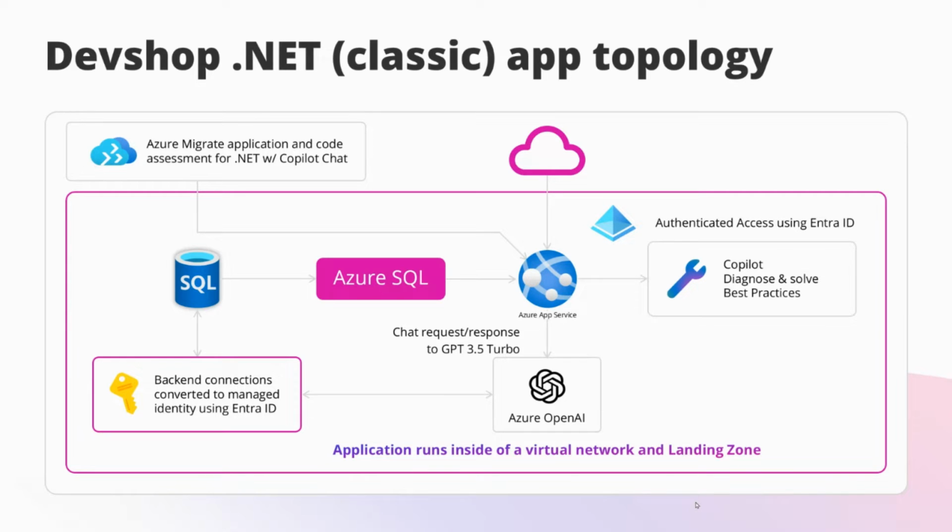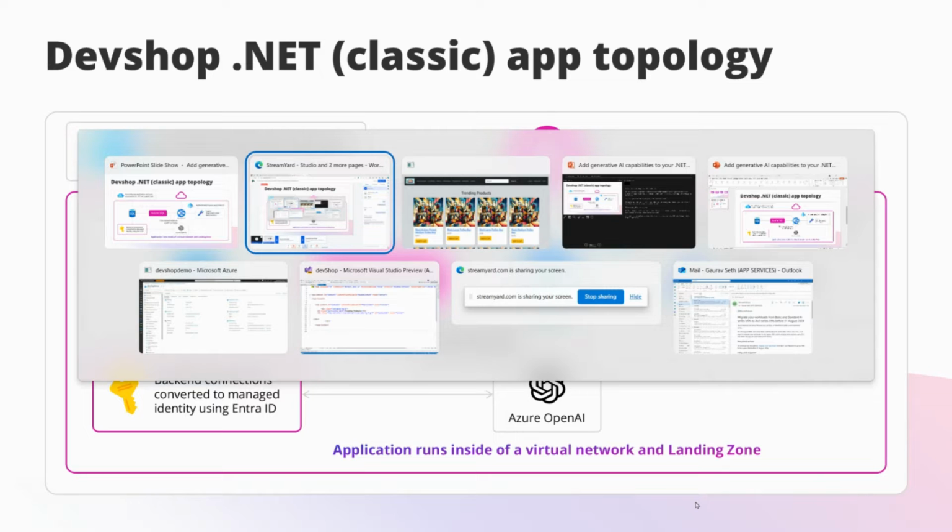And again, as I've highlighted, all communications between app and other required Azure services is secured using virtual networking and managed identity based authentication. With that, let me switch over to Visual Studio.